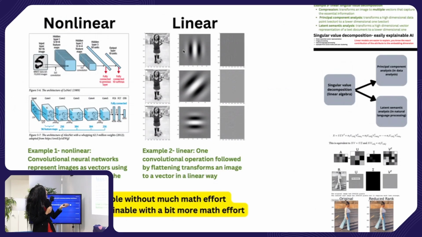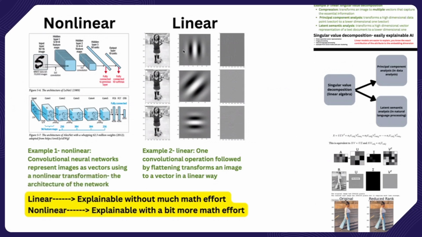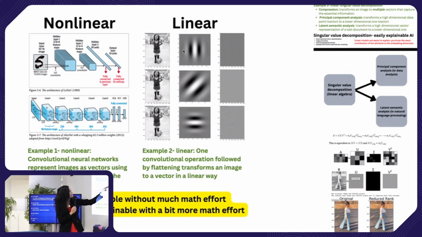For example, convolutional networks for images move from images to a vector in a nonlinear fashion. The nonlinear fashion is the actual convolutional network, the function representing it. But a convolution operation, moving from an image into something where you see the horizontal lines, is a linear map. I can convince you later. It isn't that much different, right? It's either linear or nonlinear, and if you understand that, you can explain a little.